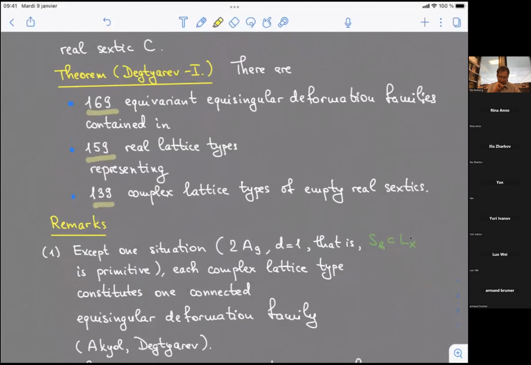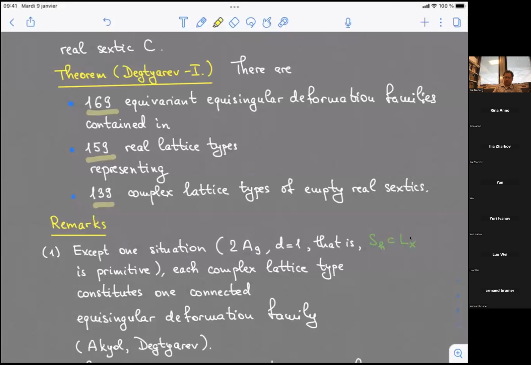So first of all, before speaking about equivariant equisingular deformation classification, especially speaking about real lattice types and complex lattice types, one can just think about the complex case. In fact, complex lattice types are not far from equisingular deformation classification.